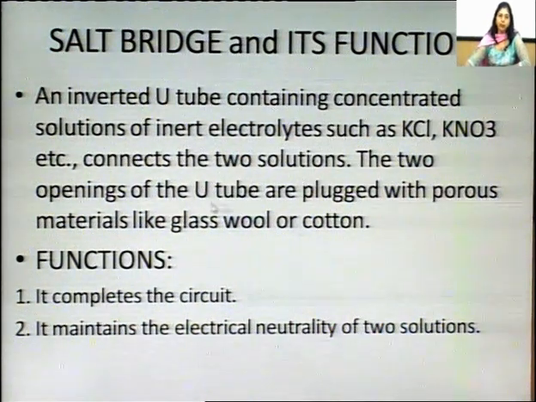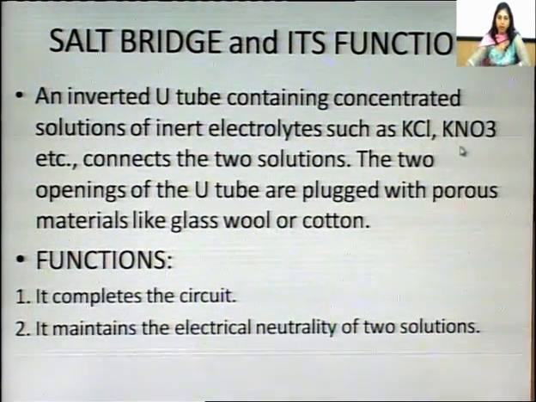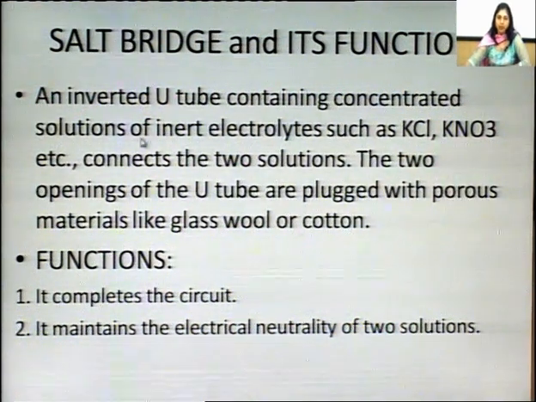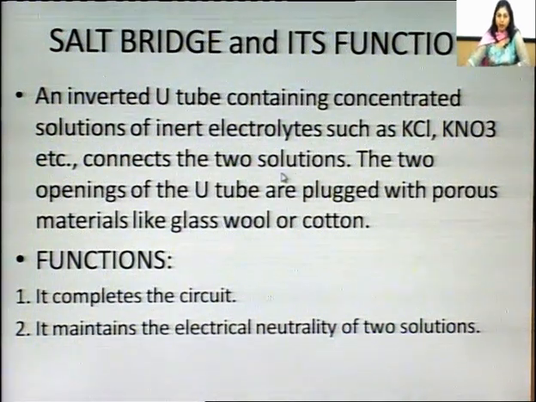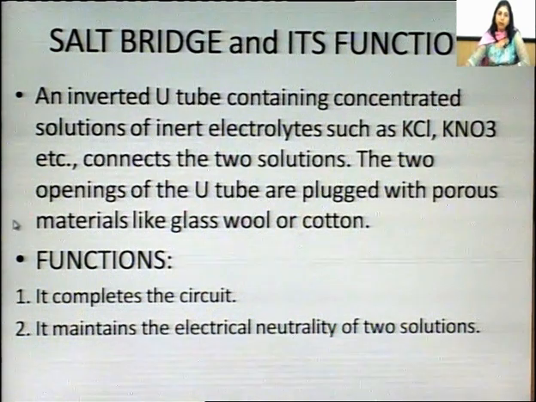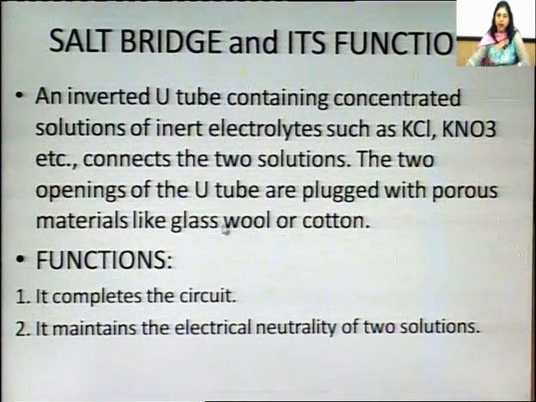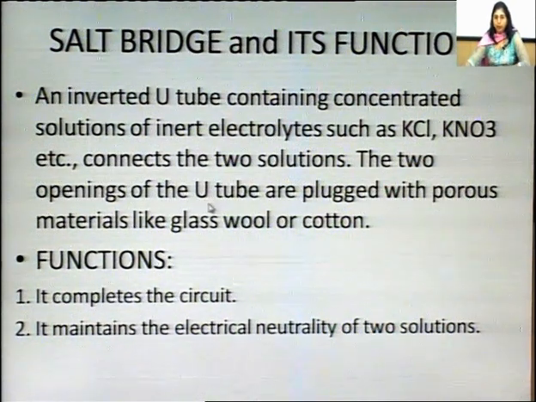The two openings of the U-tube are plugged with porous materials like glass wool or cotton.